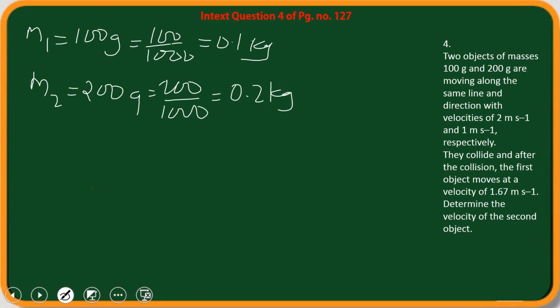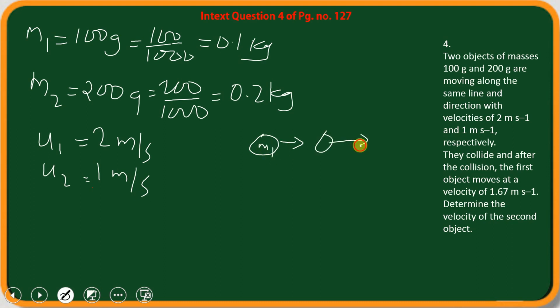Understand? Now further, what is given is that they are moving with a velocity. Moving with a velocity means u1. u1 is given as 2 meter per second and u2 is given as 1 meter per second. Then further, they collide. M1 is moving and M2 is moving.